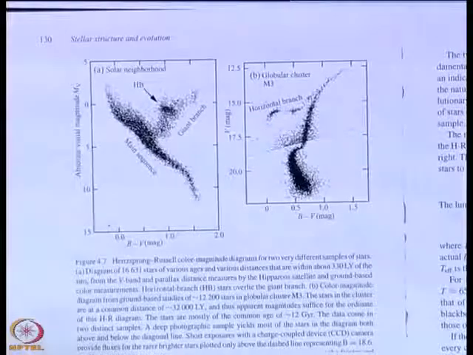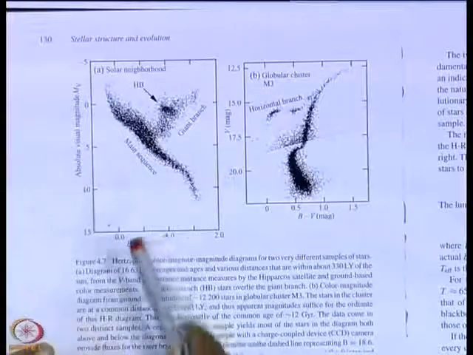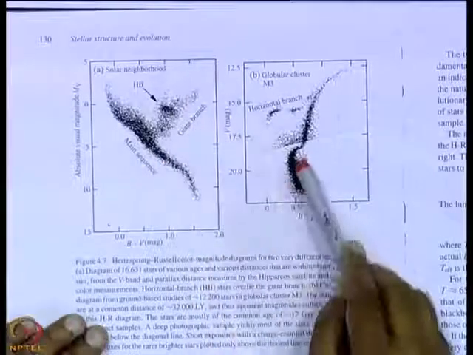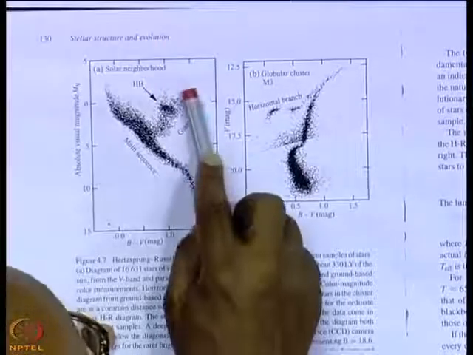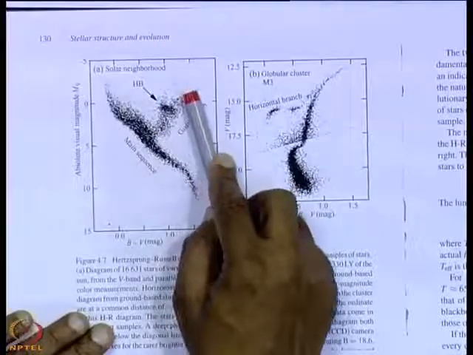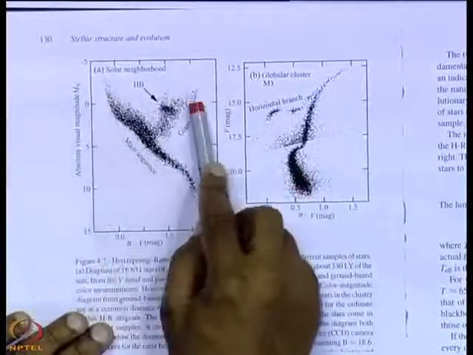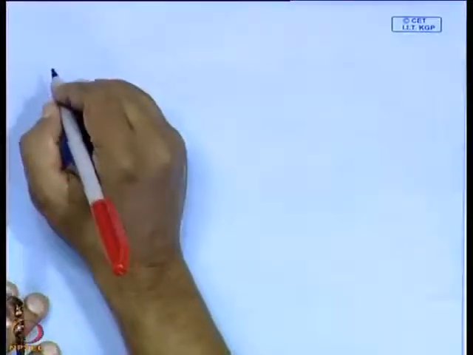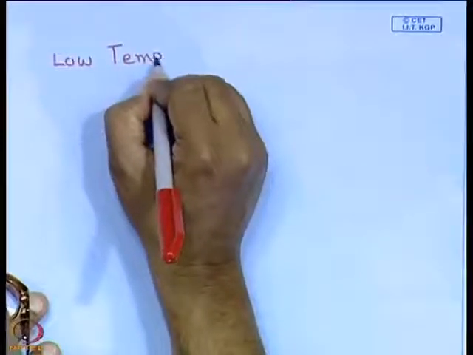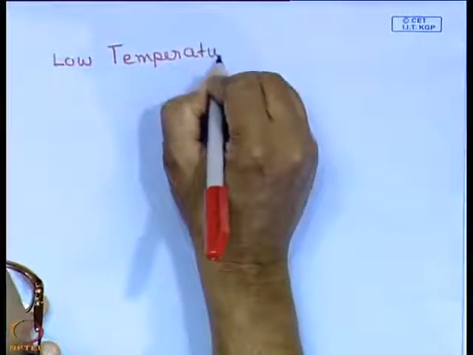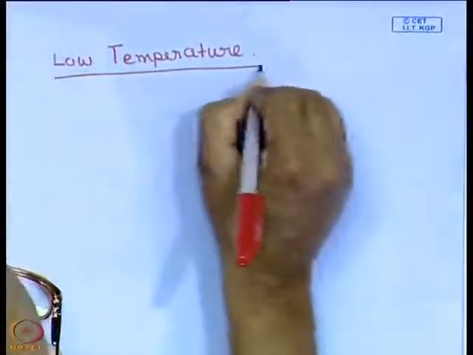Similarly, let us look at the stars over here. These stars, are they hot or are they cold? They are quite cold, but they have extremely high luminosities. So you have a kind of star which is cold, right? So these are cool. So you have stars which are at relatively low temperature, but high luminosity.